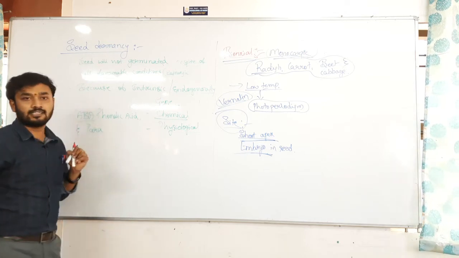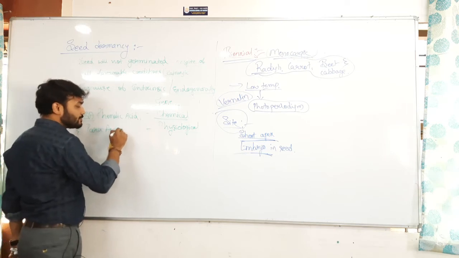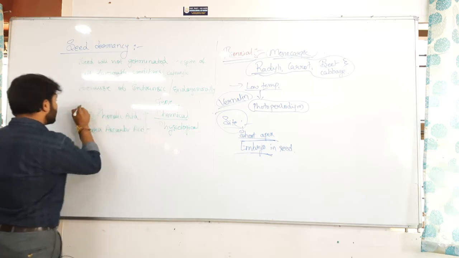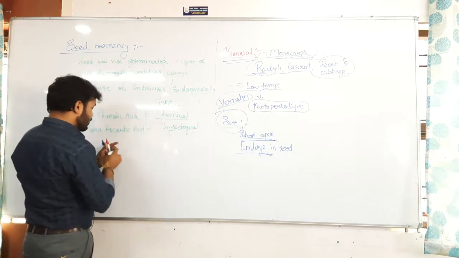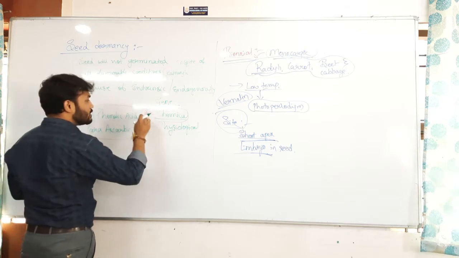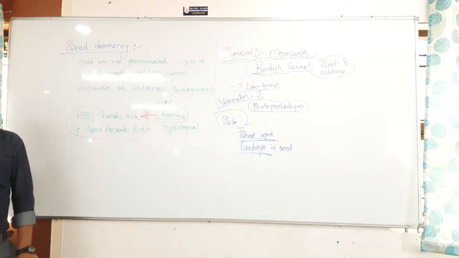The last line in the NCERT mentions para-ascorbic acid, so underline it. These three are the chemicals which bring dormancy. They are dormancy-bringing hormones.